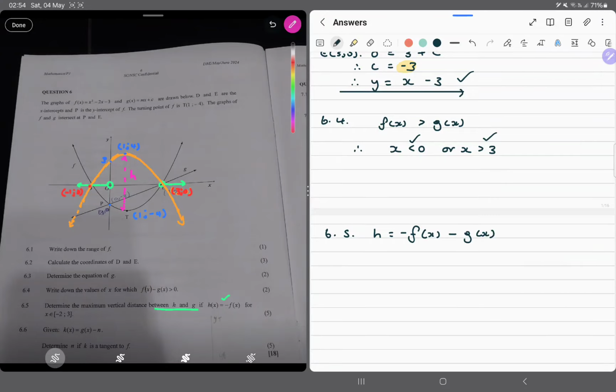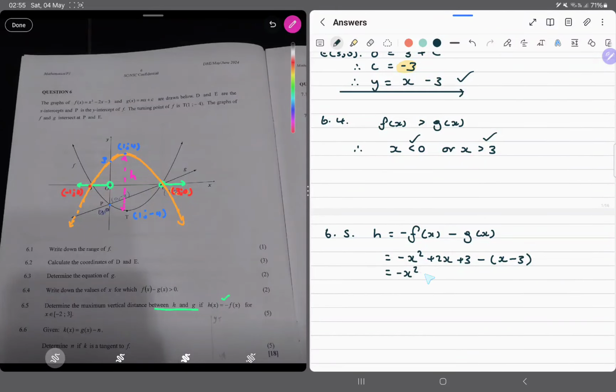g of x. And then what happens when we multiply the whole function by negative? It becomes minus x squared plus 2x plus 3, and we are subtracting g of x, which is basically x minus 3.